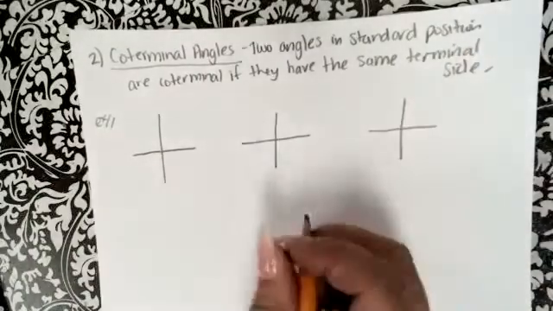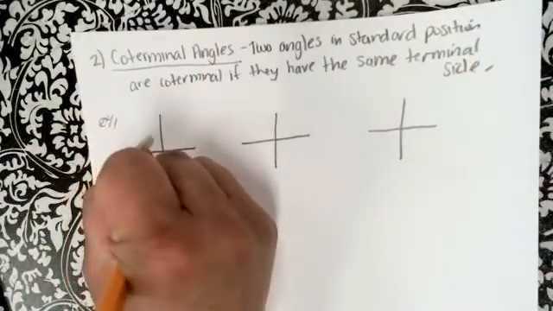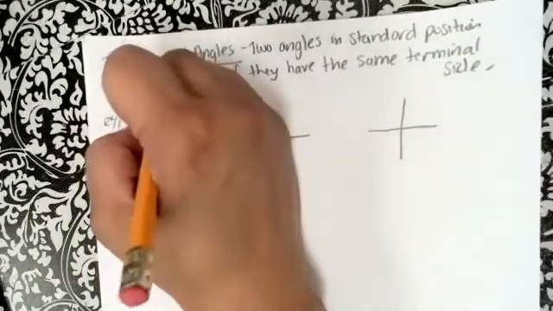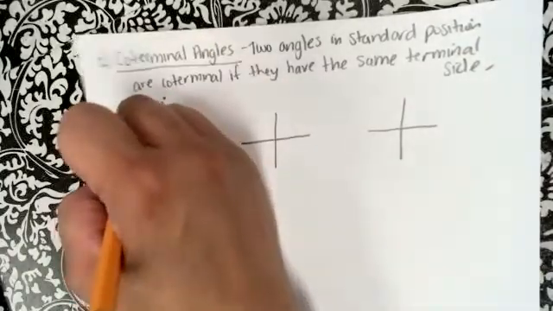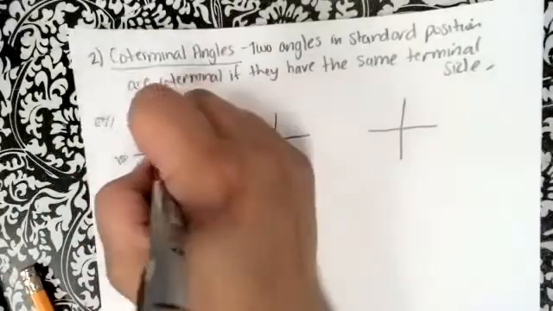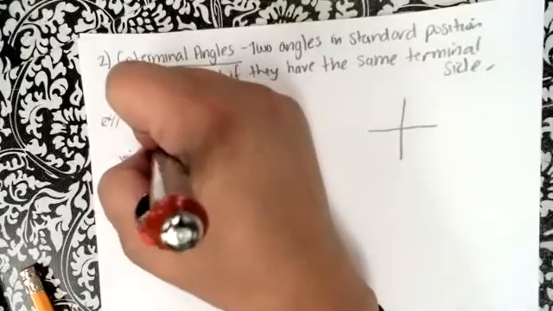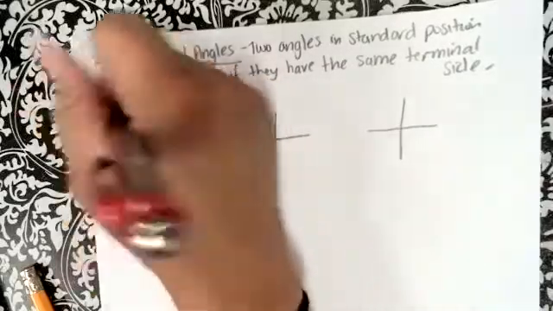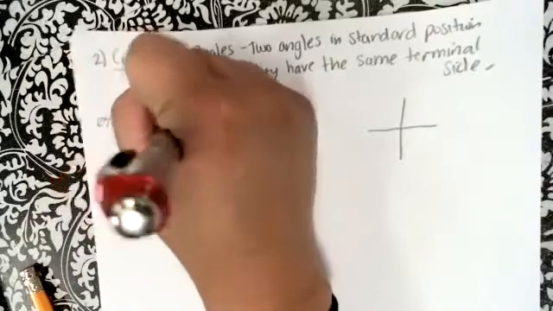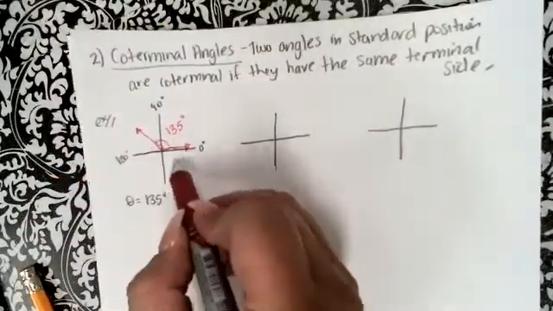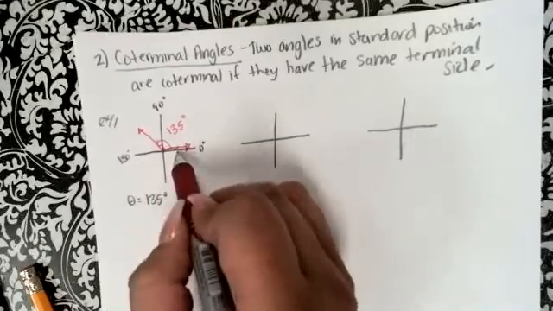Let's start off with, say, 135. Remember, this is 0 degrees, this is 90, this is 180. We're still going to start here, and 135 is somewhere in between here. Now, one full cycle is 360.